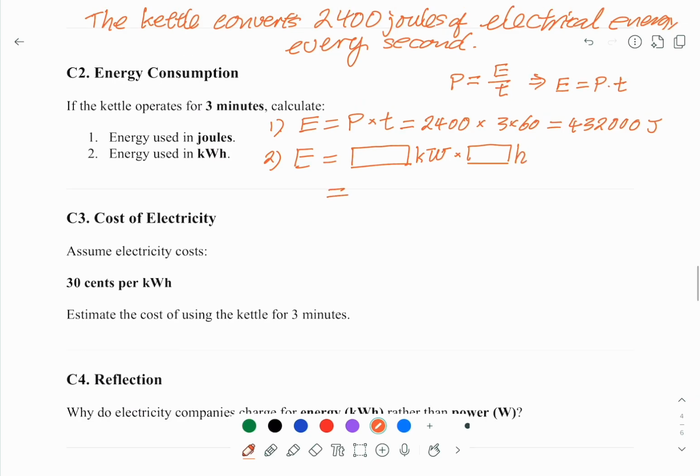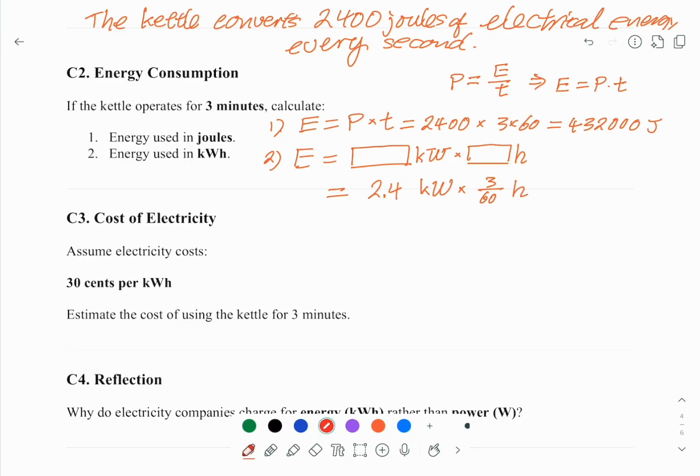Our power expressed in kilowatt is 2.4, so 2.4 is enough. And you can say kilowatt times 3 minutes, which means 3/60 hour.